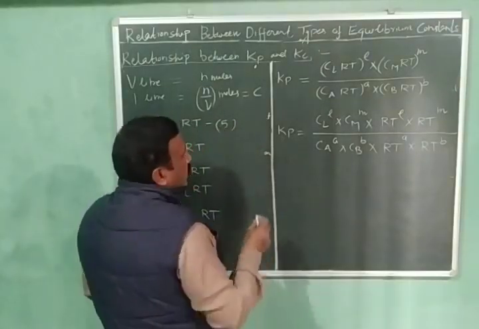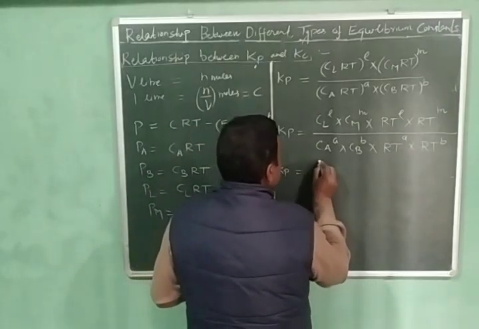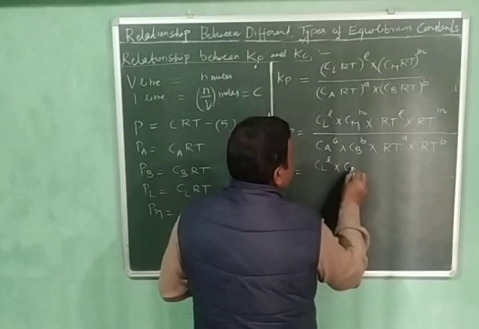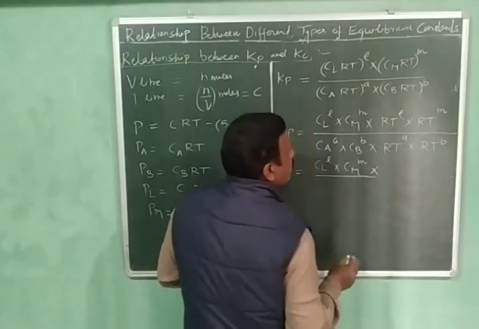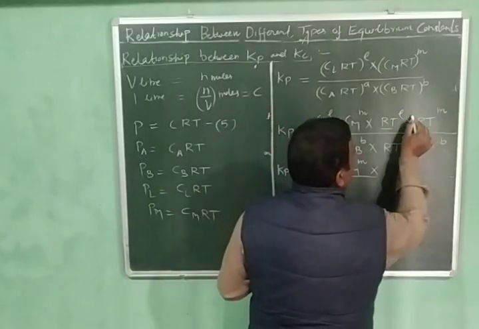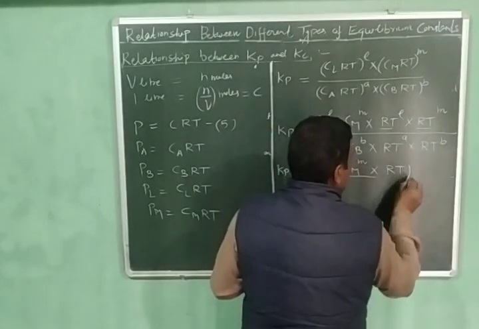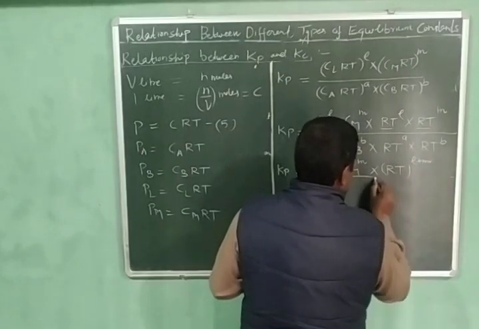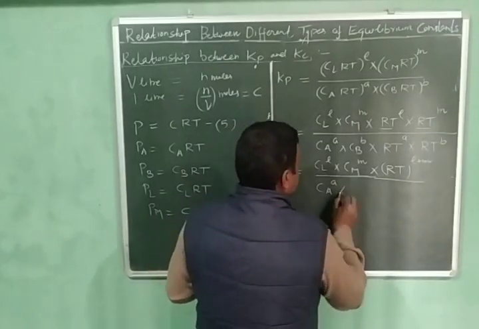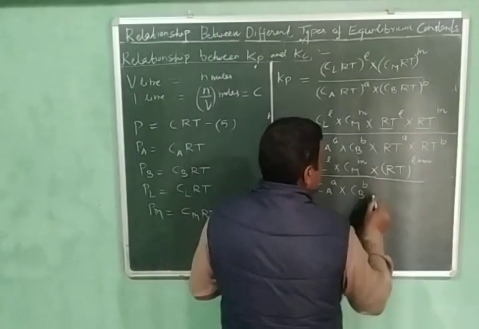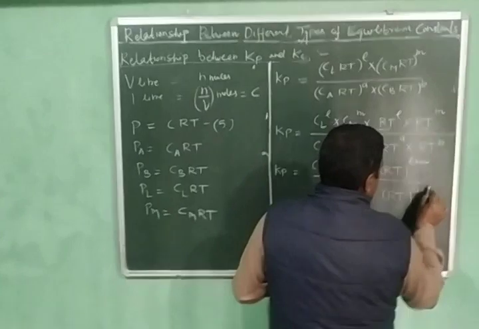Further, we will have Kp equal to Cl raised to power l into Cm raised to power m into RT raised to power l plus m, divided by Ca raised to power a into Cb raised to power b into RT raised to power a plus b. Since the bases are the same and the multiplication sign is in between, the powers will be added.